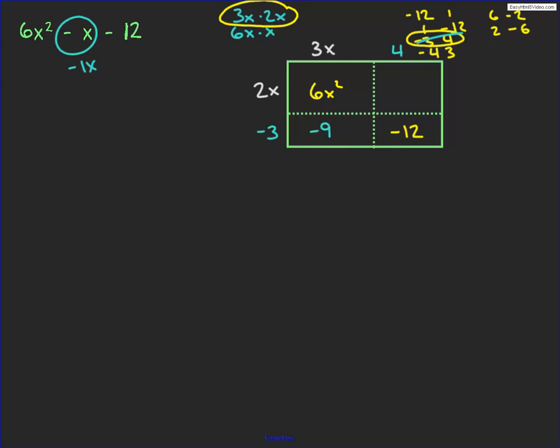So that's negative 9x, and that's 8x. And I managed to, fairly quickly, but it still took a minute or two, figure out what that was going to be. So this one's going to factor to 3x plus 4 times 2x minus 3.